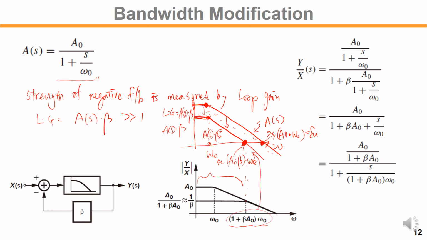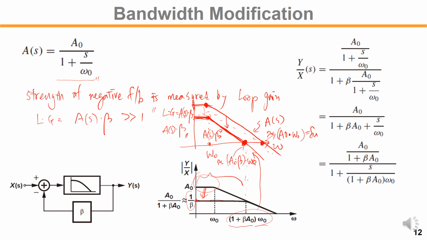That frequency is similar to (1 + beta A0) omega 0. As long as the loop gain is large, the overall closed loop gain follows close to the ideal case, like a 1 over beta gain, right? Like that.